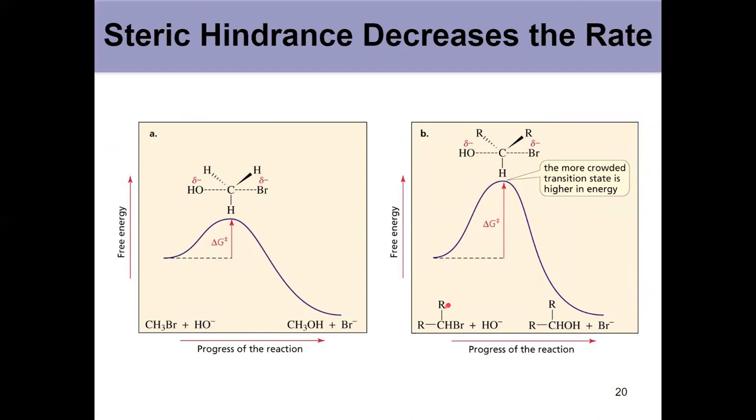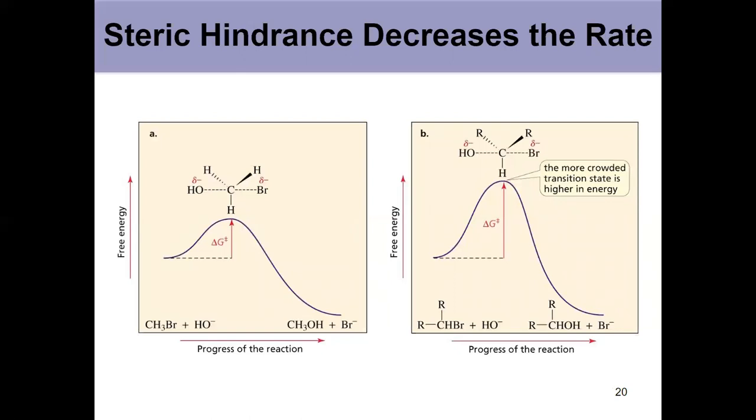Looking at a methyl halide on the left versus a secondary alkyl halide over here, with fewer substituents there's a smaller activation energy, so it's faster. The more alkyl substituents you have, the more crowding, the higher the transition state is in energy, and the higher the energy barrier to overcome, so it's a slower reaction.